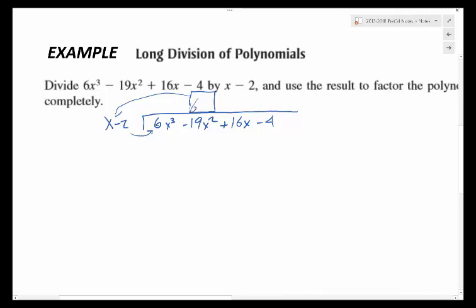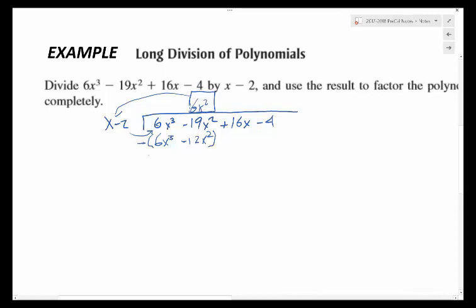So if I have 6x squared and I multiply it by x minus 2, I get 6x cubed minus 12x squared. Now I'm going to subtract that entire term away.